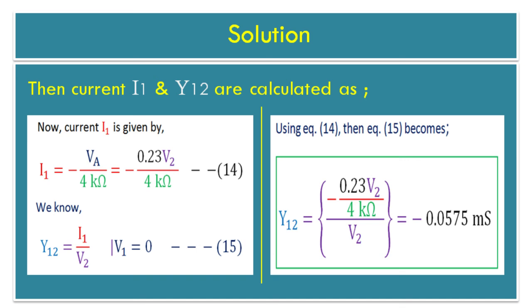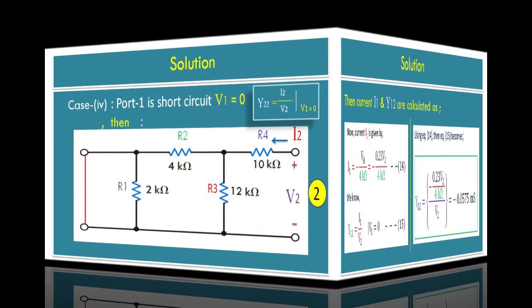We know short circuit admittance parameter Y12 is equal to I1 upon V2, which is given by equation 15. Using equation 14, then equation 15 becomes Y12 is equal to minus 0.23 into voltage V2 upon 4 kilo ohm divided by voltage V2. Simplify the terms. We get Y12 is equal to minus 0.0575 millisiemens.